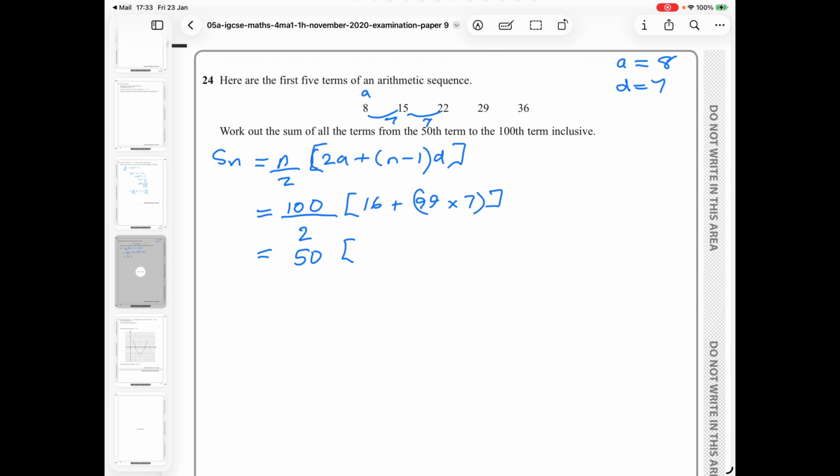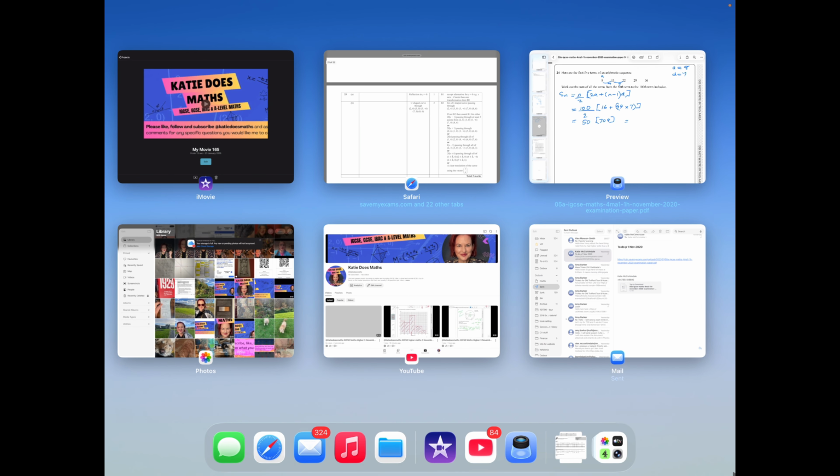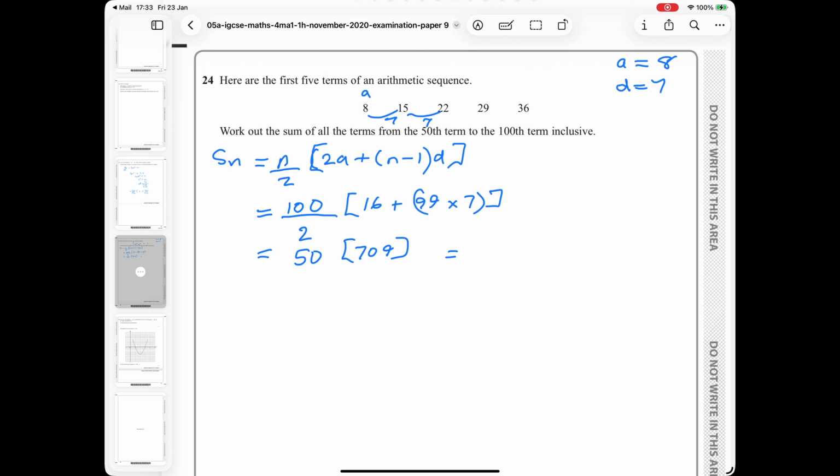That's 693 plus 16 equals 709. So it's 50 times 709, which equals 35450.